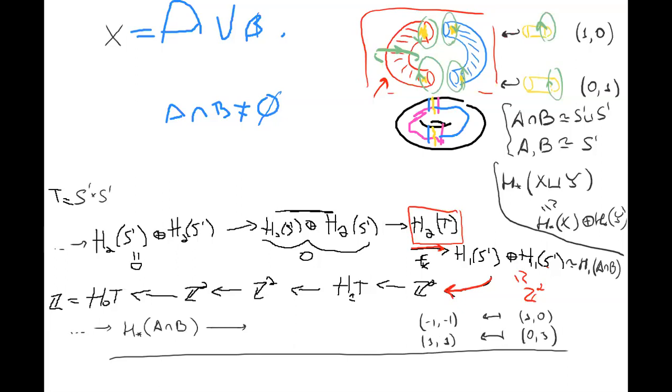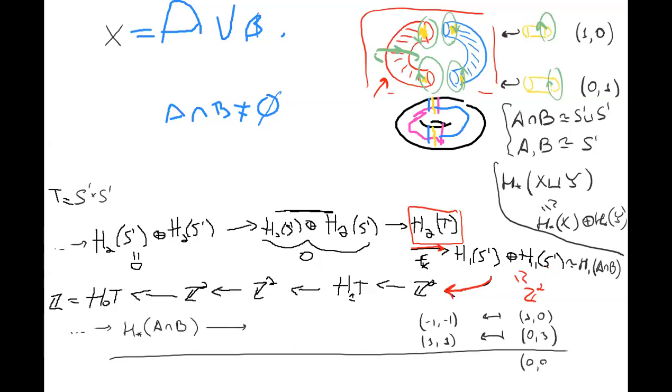Is it clear? It's the diagonal inside Z squared?